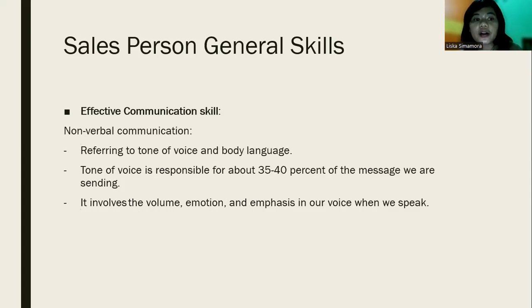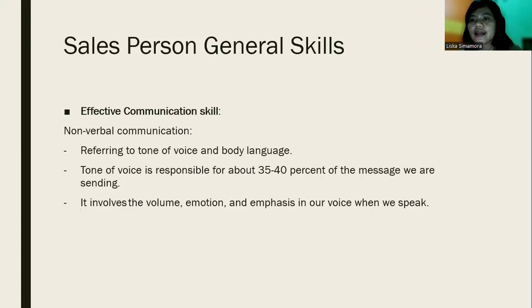So non-verbal communication refers to tone of voice and body language, because tone of voice can describe our meaning, right? And tone of voice is responsible for about 35 to 40% of the message we are sending.